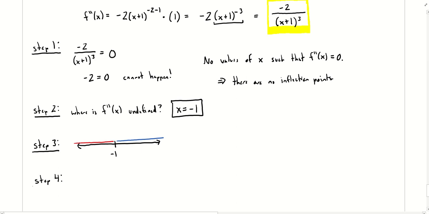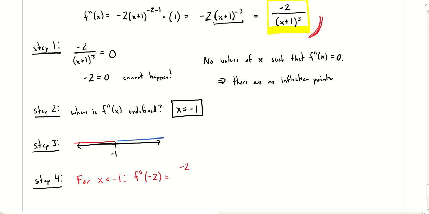where, as we've seen a couple times now in step 4, I assess the sign of my second derivative on these intervals. So let's start with our usual left-hand interval here for values of x less than negative 1. I'm going to use a function value of negative 2, and I'm going to plug that into my second derivative.